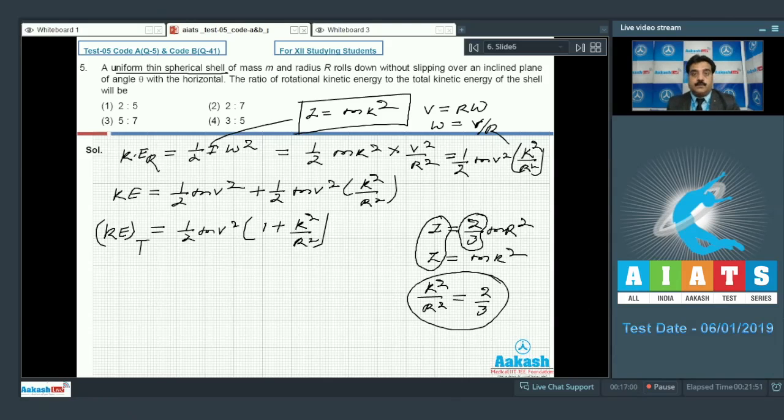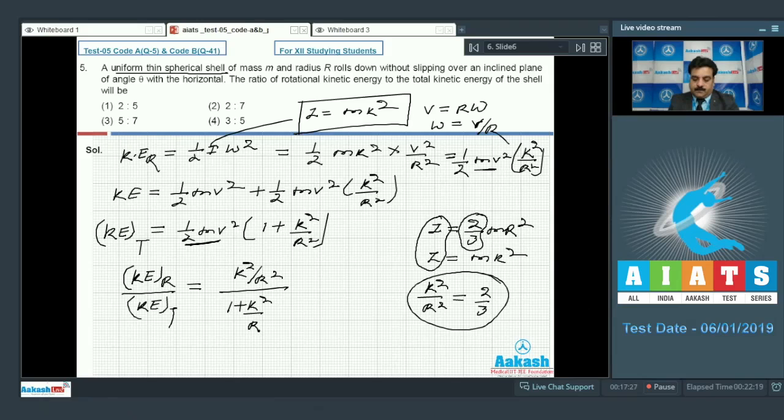Now I am going to use this value. As per the question, I need to calculate the ratio of rotational kinetic energy to total kinetic energy. So the rotational kinetic energy is half m v square k square upon r square; half m v square will cancel out. So you have k square upon r square divided by 1 plus k square upon r square.